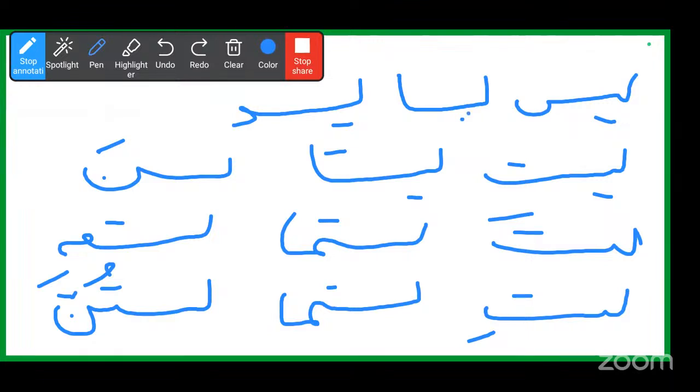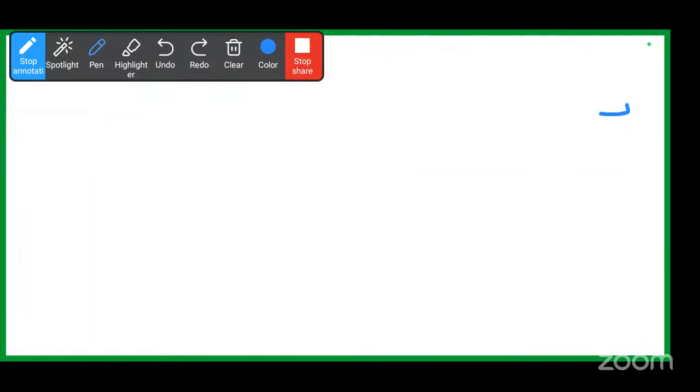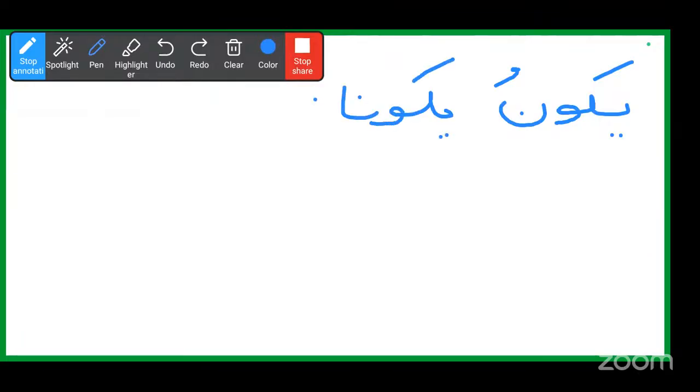Then yakunu. It is also very important. You should write it. Yakunu, yakunane, yakununa. And then takunu, takunane, yakunna.